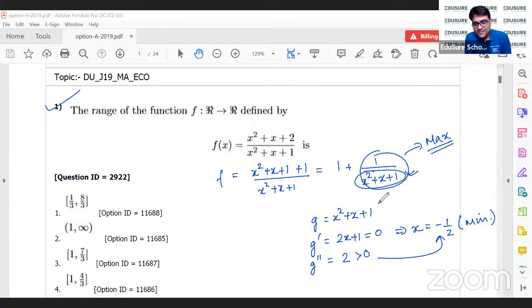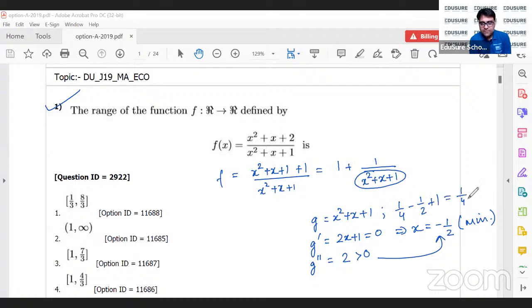Okay. When the denominator is minimum, the entire expression will be maximum, because the lower the denominator, the higher the entire number. I hope that is understandable. That's very basic. So if I put x equal to minus half here, I'll get 1 by 4 minus half plus 1, which is basically 1 by 4 plus half, which is 3 by 4. So 3 by 4 is the lowest value that x square plus x plus 1 will take.